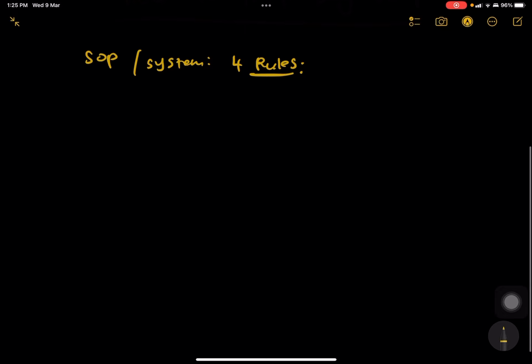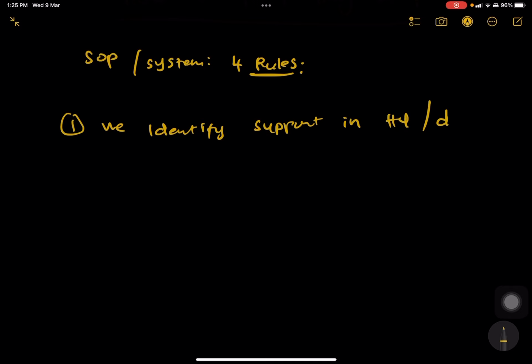Number one in the SOP is we identify supports in H4 or D1.